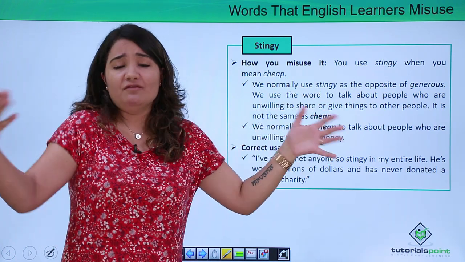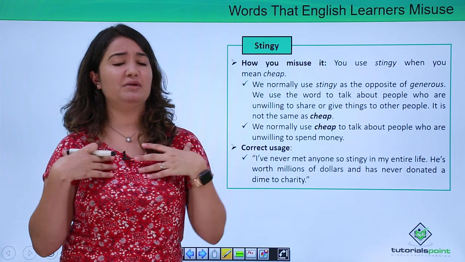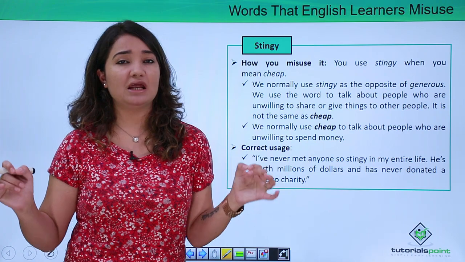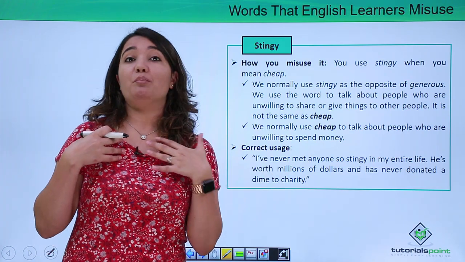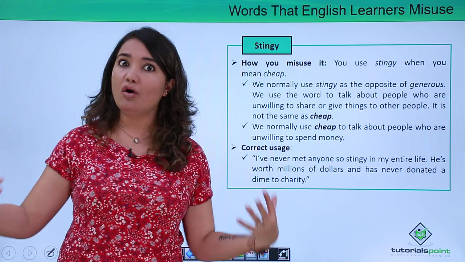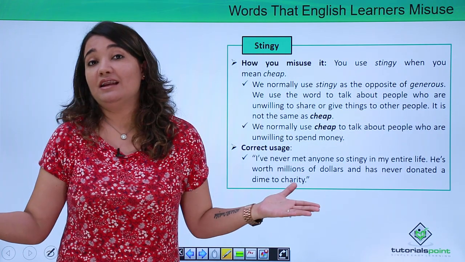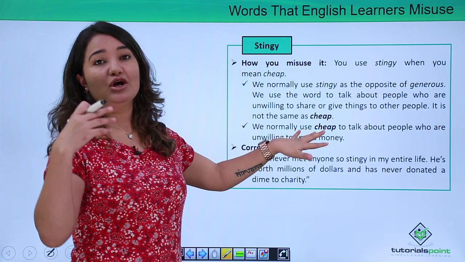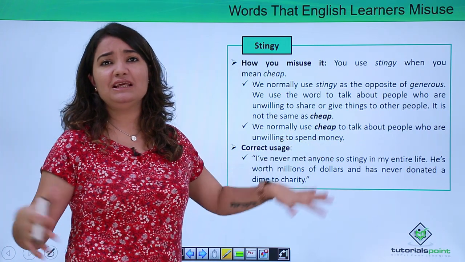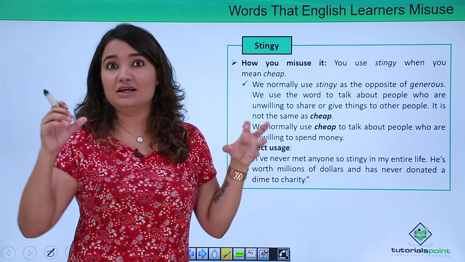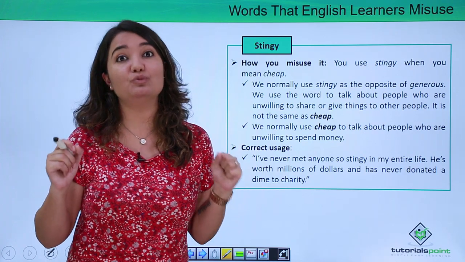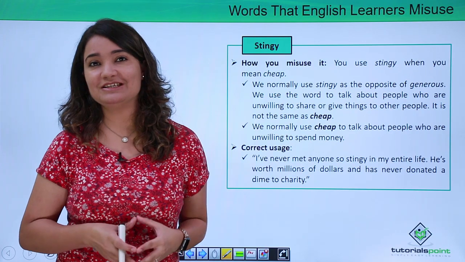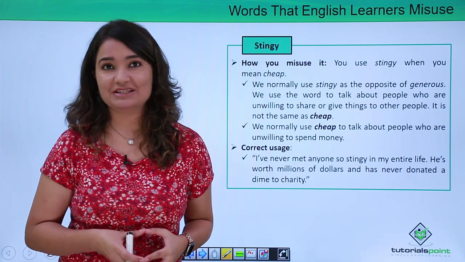If I spend money on myself but I don't like spending even a single dime on anybody else, I am stingy. But if I don't spend money at all, even for my needs, then I am cheap, not stingy. Cheap is a person who doesn't want to waste even a single rupee, even on himself or herself. That person is referred to as cheap, not stingy.